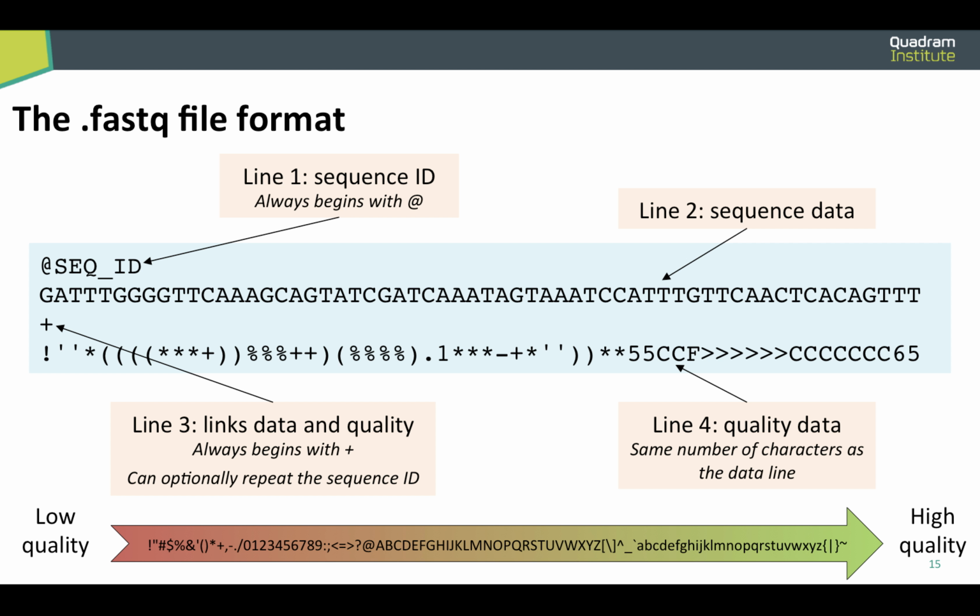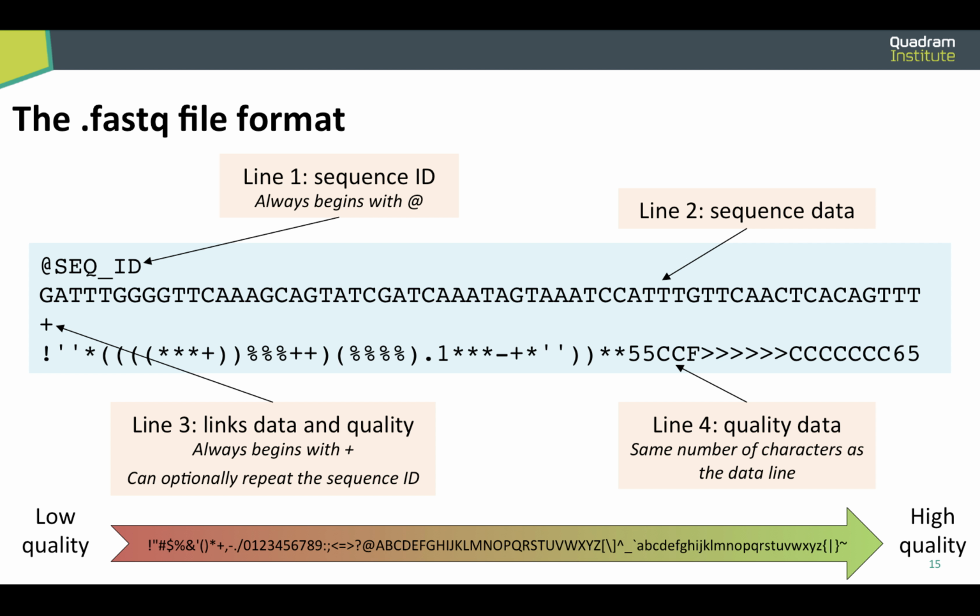You then have a third line which always has a plus in it here, and you can repeat the sequence ID just to double check that you've got the sequence data and the quality data lined up together. And then finally the fourth line looks like complete gobbledygook to us, but the computer understands this as quality scores.